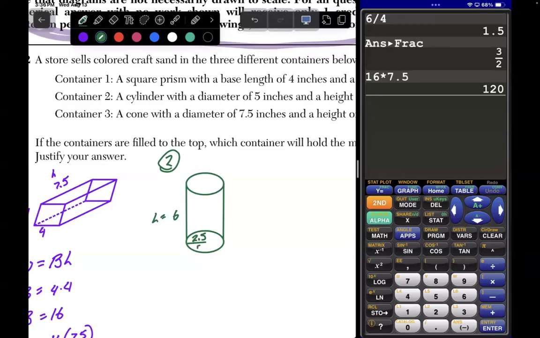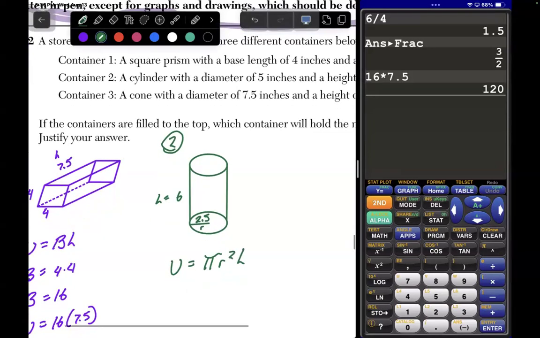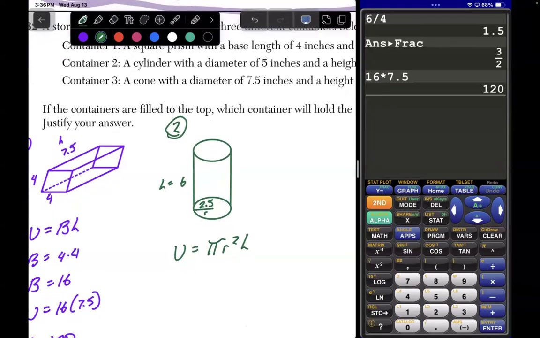And that's our radius. So the volume of the cylinder is pi r squared h. That's a formula you should know. They don't give you that one. They give you this formula, but they don't give you the cylinder. So pi times the radius squared times the height of 6.